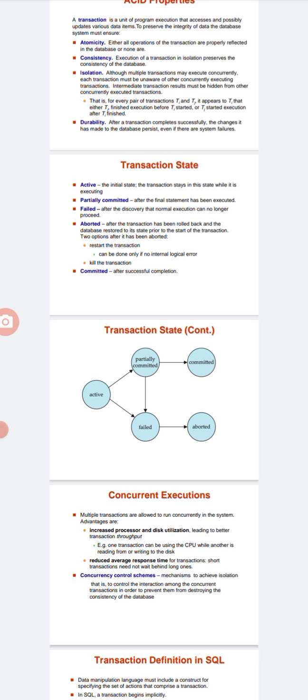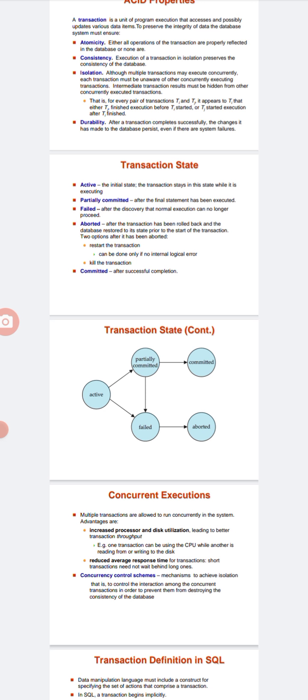According to a database, partial execution is meaningless. You execute some instructions and you don't finish. Either you have to execute all instructions completely or you don't execute at all. It means we have to execute all operations in one process. Partial operation should not be there because it is a database.